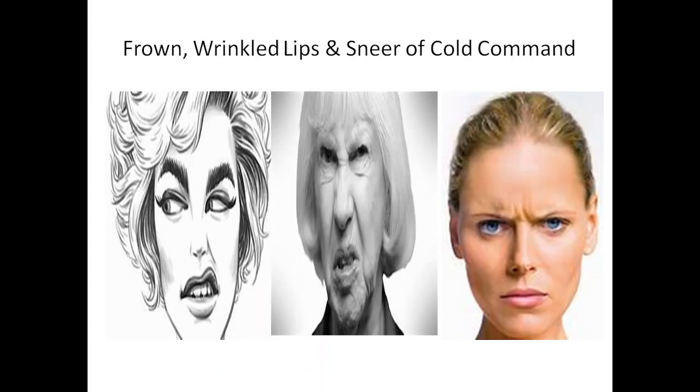These are the expressions of a frown. A frown is when you hate someone, a very contemptuous, hateful or arrogant kind of look. And this is a wrinkled lip, when you are angry, or shouting at someone, ordering someone. And cold command means emotionless or heartless feelings.